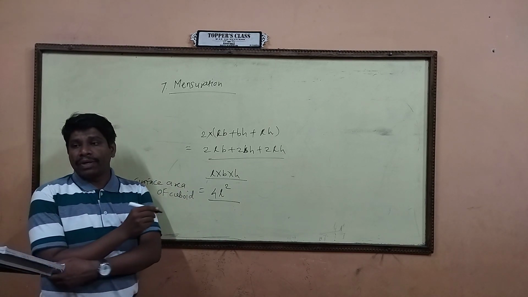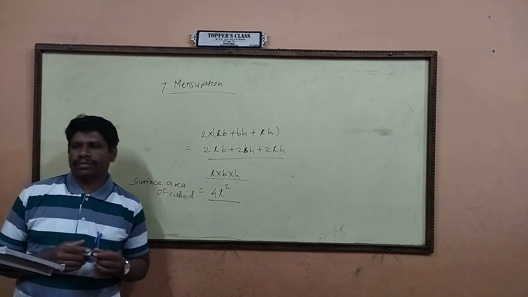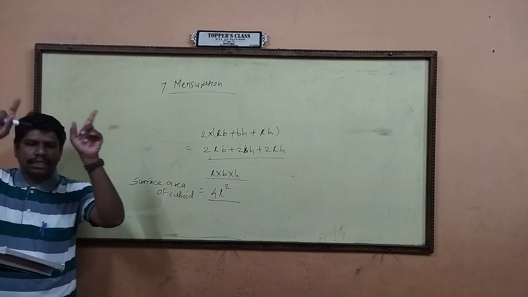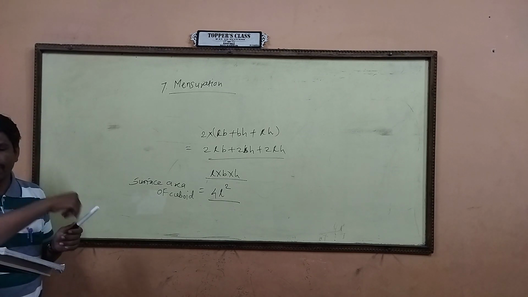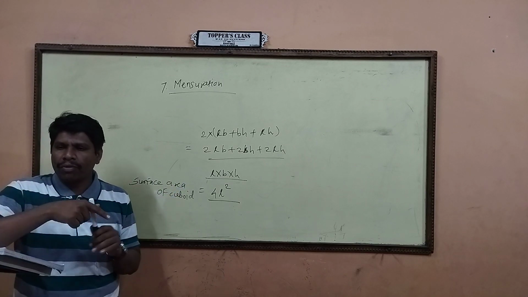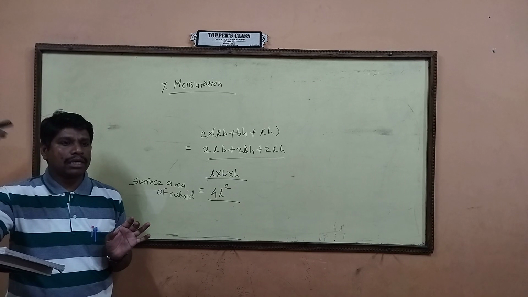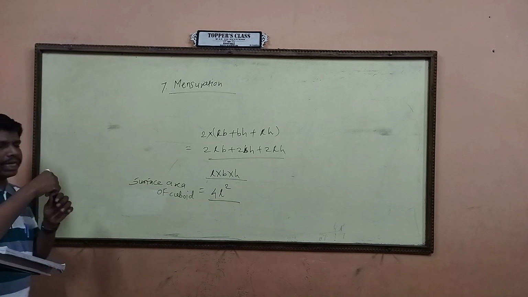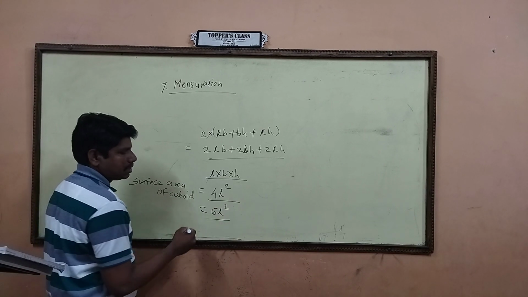Then second, when we see the total surface area: a cube has 6 sides, meaning we are getting 6 square shapes. Because of that, the total surface area is 6L square.